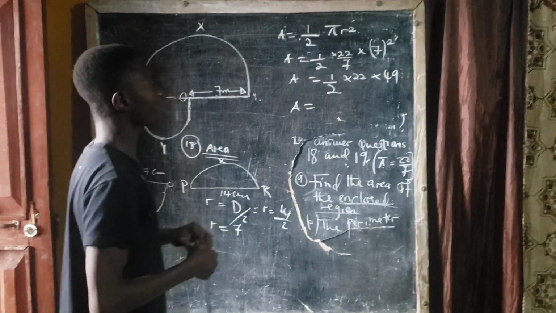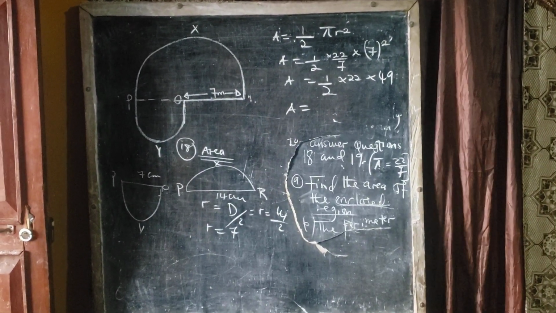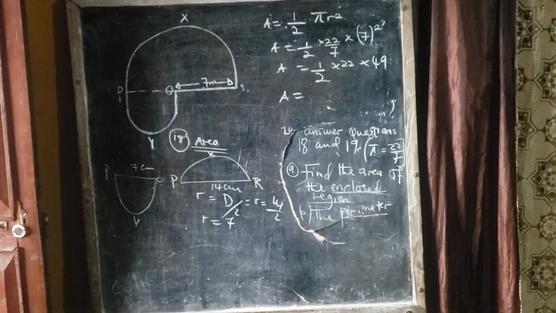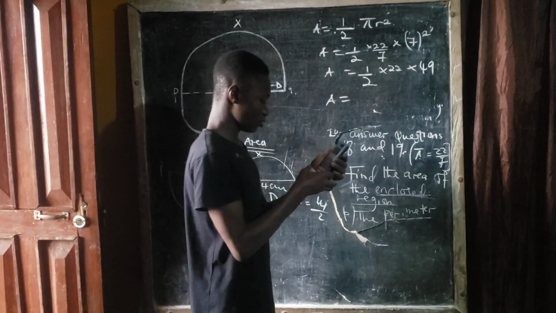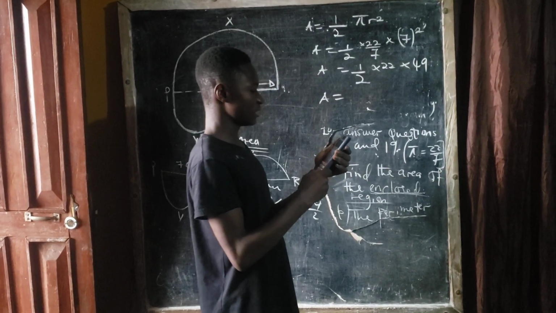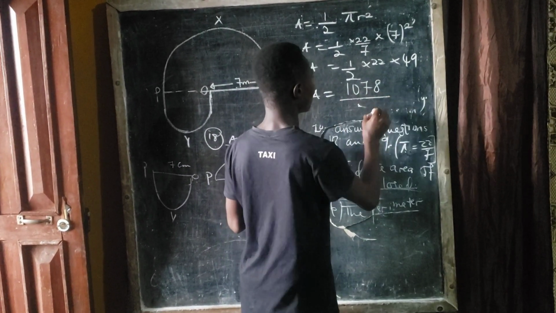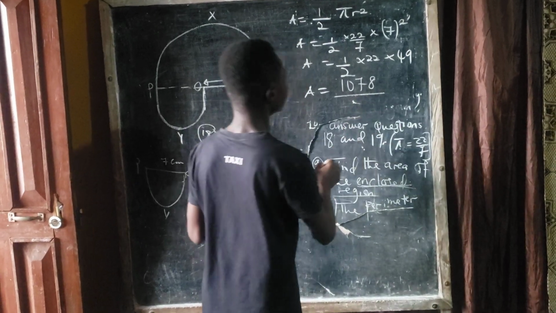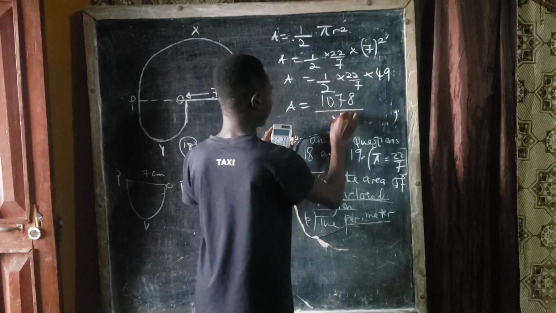So 22 multiplied by 49, let me use a calculator. 22 multiplied by 49 gives 1078, divided by 2 times 7, which is 14.